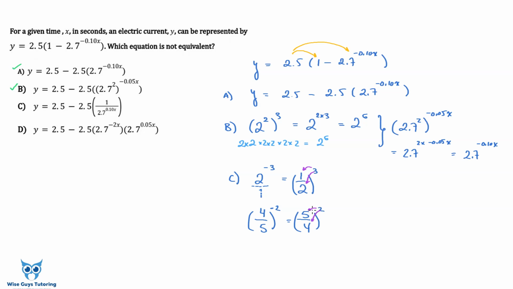If it's a division or a multiplication inside, then my exponent will be distributed to both. Now 1 cubed is just 1, so this ends up being 1 over 2 cubed. So whenever you see a number to a negative exponent, you can just put 1 over that number and keep the exponent downstairs. In this case, it would be 5 squared over 4 squared, and this would be 25 over 16.